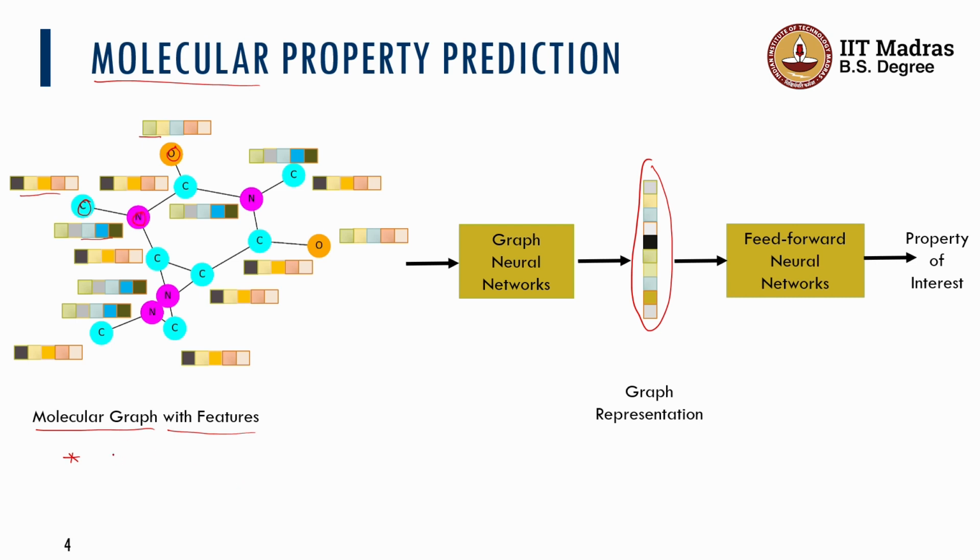Historically, I have historical data where I have a molecular graph and associated property of interest P. So for each graph, I have this P, and let's say I have N such data points.